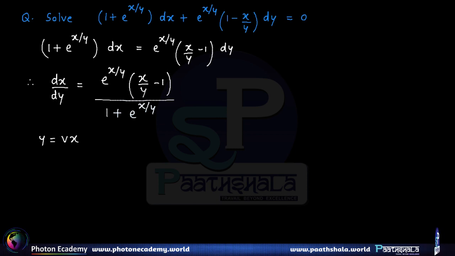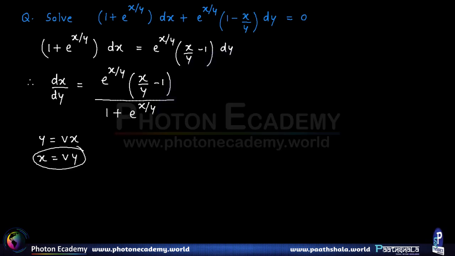So here, by analogy, we will have to put x = vy, correct? Because we have dx/dy and not dy/dx. So let us substitute that and solve further. We say let x be replaced with vy, so we must differentiate both sides with respect to y and not x.